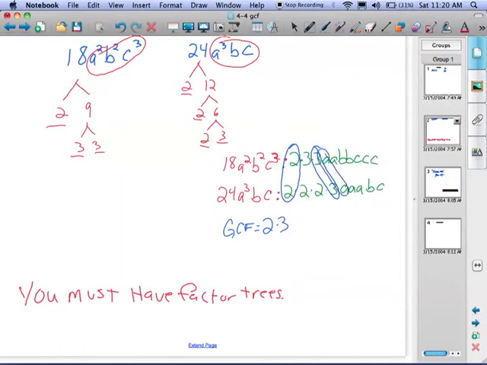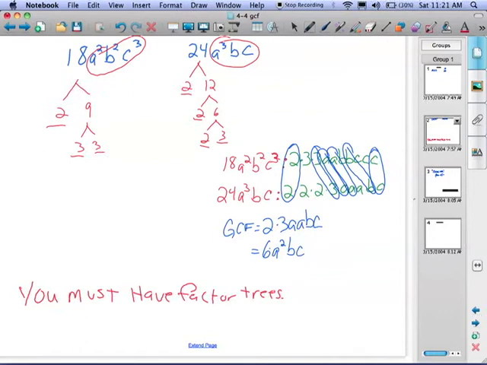They have another pair of a's in common. They have two pairs of a's in common, so we write down both of them. They have a pair of b's in common, and they have a pair of c's in common. Now we will rewrite this in exponent form. 2 times 3 is 6, a squared bc.